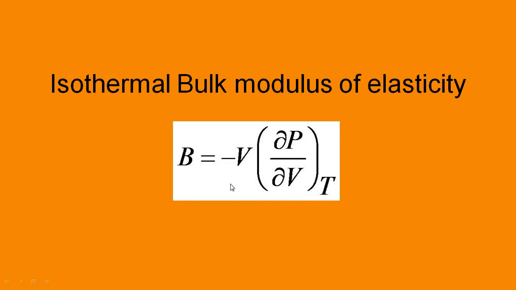And you are putting a minus sign there. This minus sign is for making the quantity bulk modulus a positive quantity. Because when you are applying pressure, that means when pressure is positive, you are applying pressure on a particular substance. Suppose you take a rubber ball in your hands and you are pressing it. I think you are familiar with the stress ball that we use.